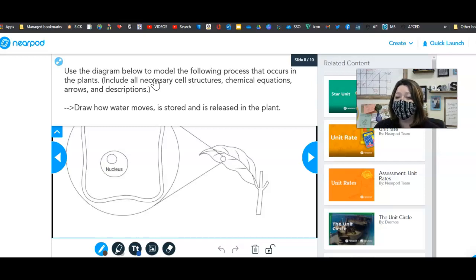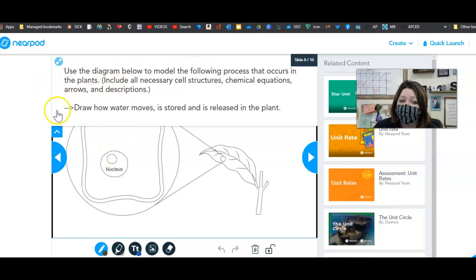The image is there because you were supposed to draw on it. Okay, so here it says to use all necessary cell structures, so the cell organelles, chemical equations, arrows, and descriptions if needed to describe what is happening, the process that it's explaining.